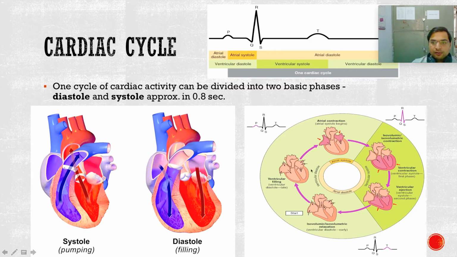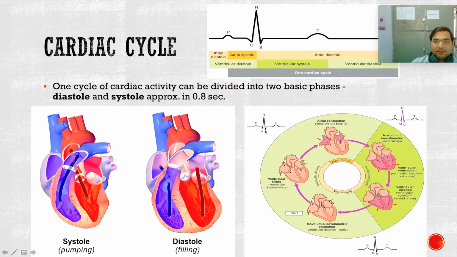It has further divisions, such as isovolumetric relaxation, isovolumetric contraction, and ventricular ejection. I hope you are well aware of these terms. They are not of much importance in heart failure, so I'm not going to deal with them.